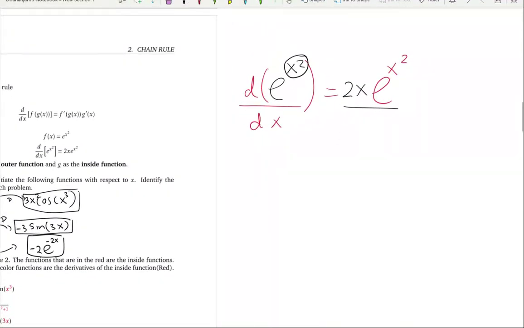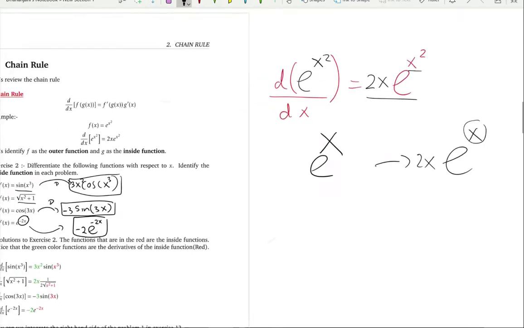When I differentiated e to the x squared, first I differentiated that exponential function, but I treated it like e to the capital X, for example. I pretend that the inside function x squared is like capital X, and wrote it as e to the x squared, because the derivative of e to the capital X is e to the capital X, and then later I differentiate that x squared and multiply by it, right?